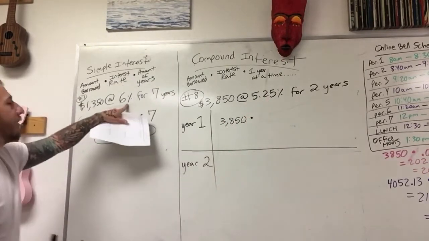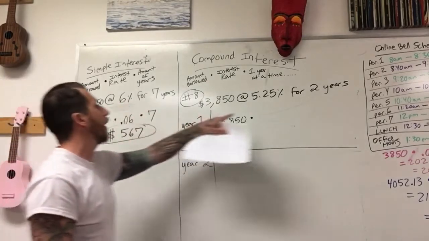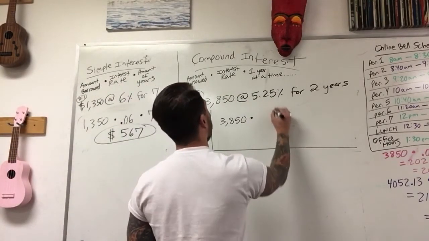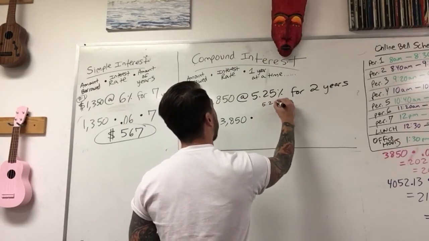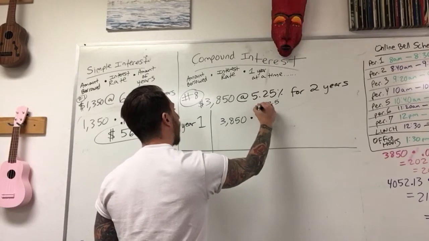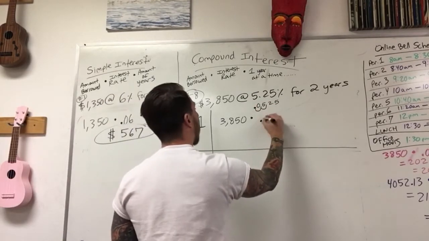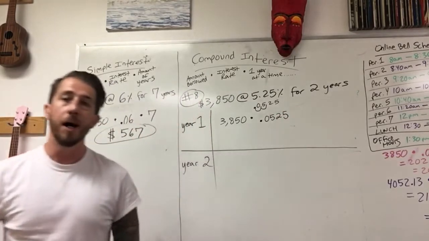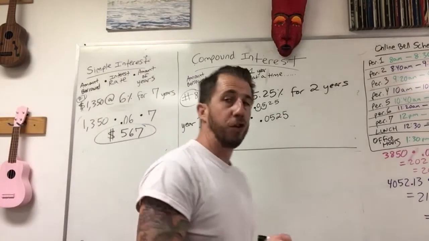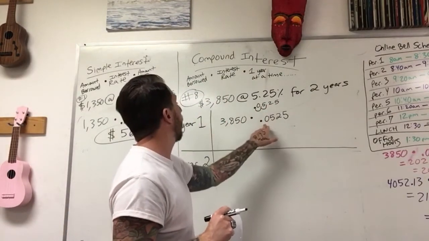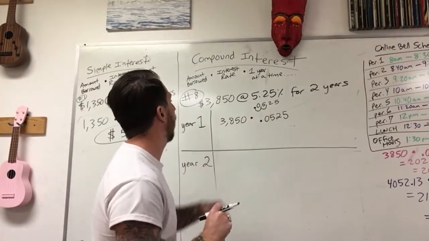But just like with simple interest, we have to move that decimal 2 places to the left to get the decimal we multiply by. That's a general rule of thumb: when you're turning a percent into a decimal, you move it 2 spots to the left.